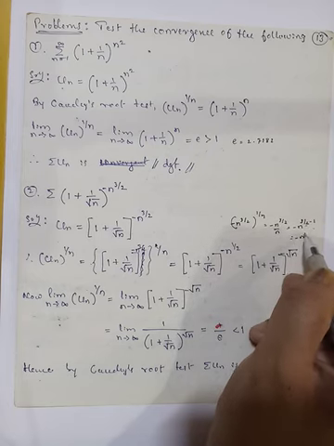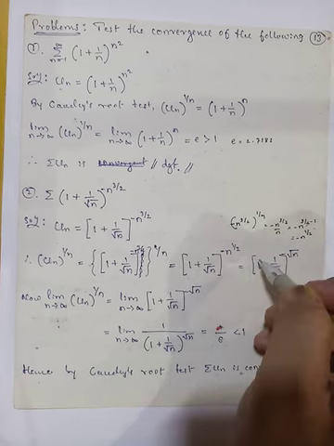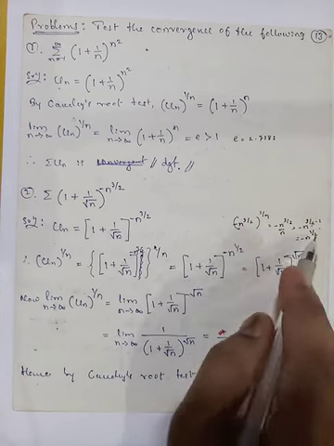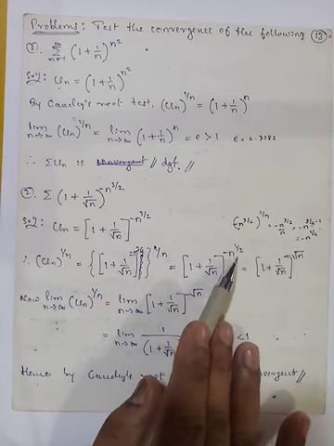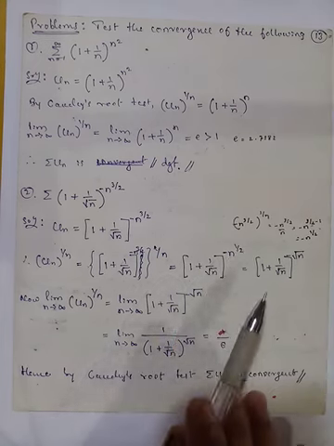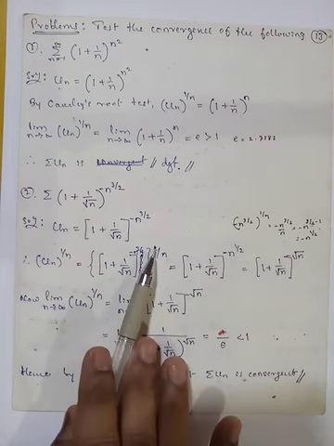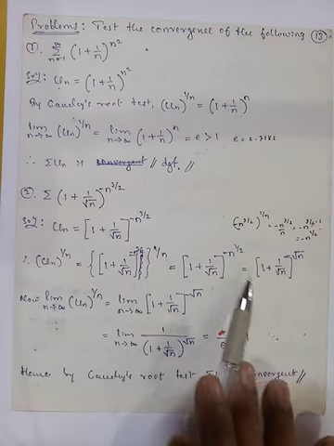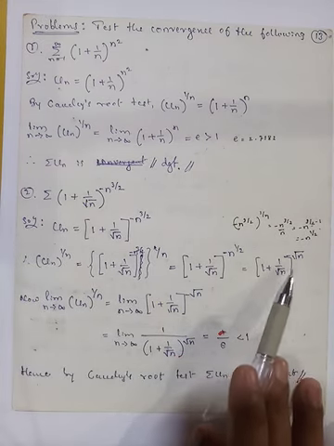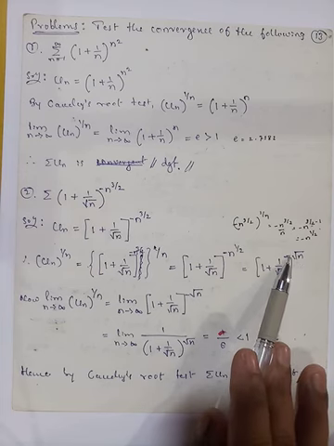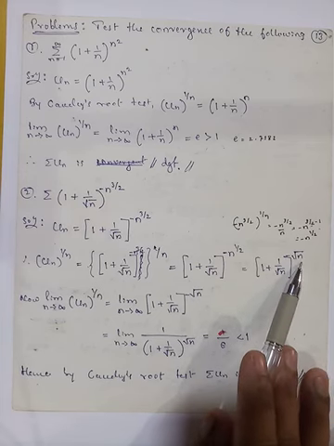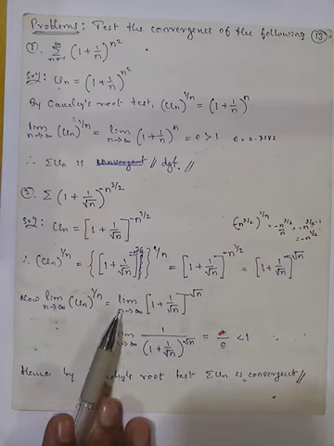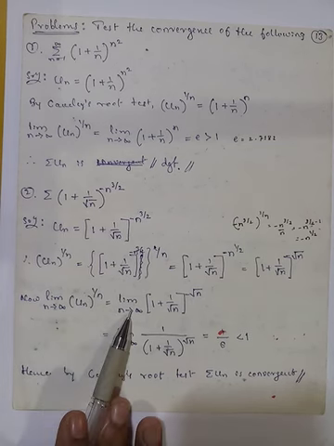This is minus n raised to 3 by 2 minus 1, which is n raised to 1 by 2. So the minus stays as it is, and we get n raised to 1 by 2. When we took the base to the power 1 by n, we can write this as (1 plus 1 divided by square root of n) to the power minus square root of n. Now we take the limit on both sides, as n tends to infinity.